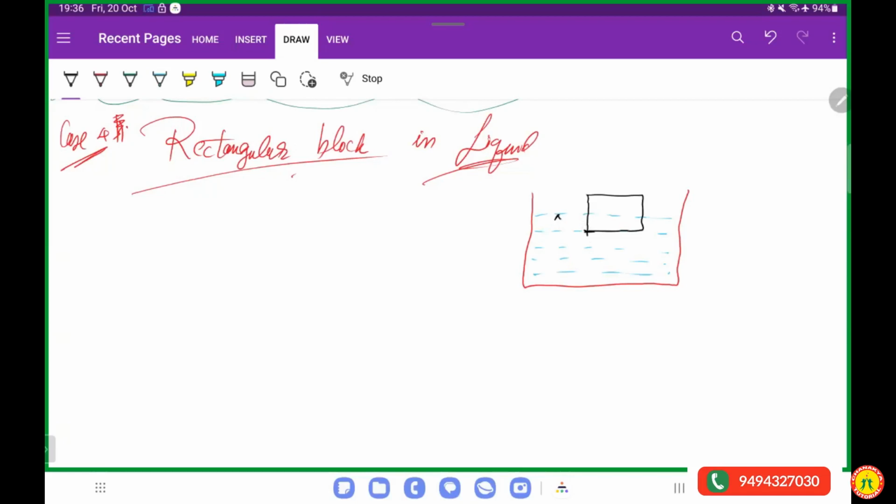So if we say it is this much height H dash inside, and from above it is at this height H, and this liquid has density D, and if we take this one as D dash.